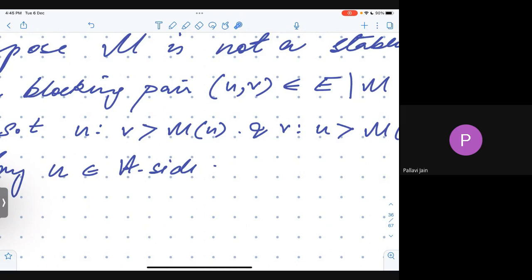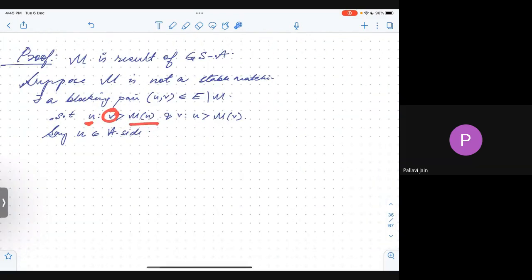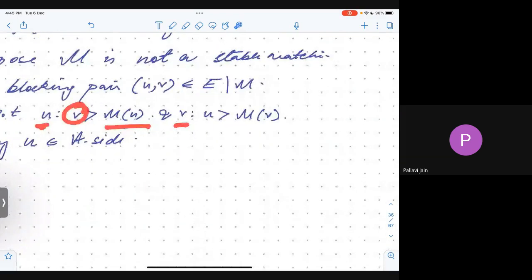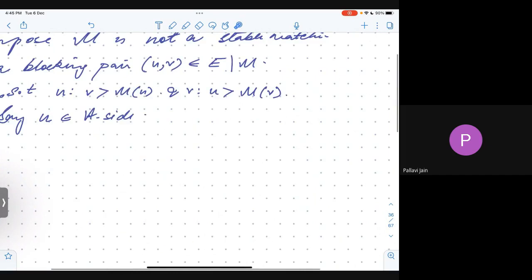But then, because you got matched to somebody lower, it must be that V would have rejected U's proposal. But V only rejects a proposal when she gets something better. So she ended up with this matching, but that is a lesser preference than you. So this couldn't have happened during the matching, right? So yeah. So you understand that, okay.